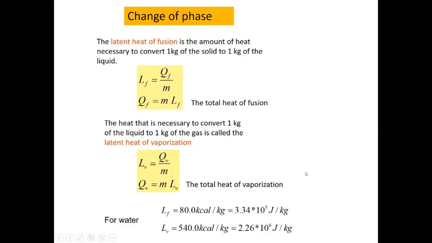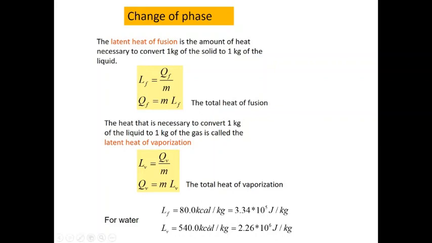That means if you have 1 kilogram of water at 100 degrees Celsius, in order to change its phase to gas, to obtain 1 kilogram of vapor, you need 540 kilocalorie of energy, or 2.26 million joules per each kilogram of water.